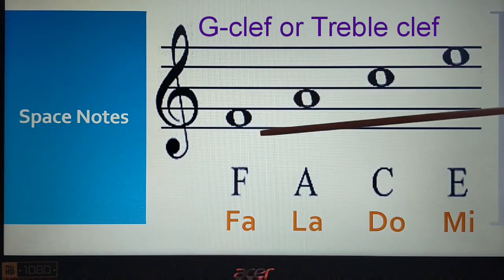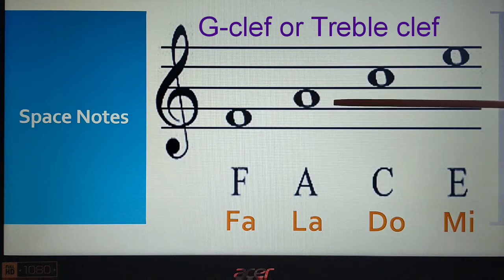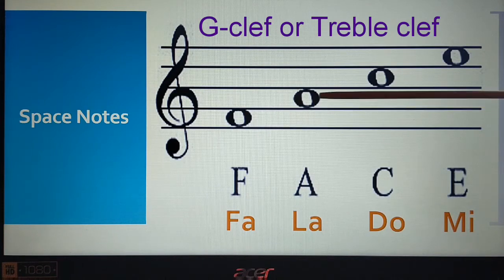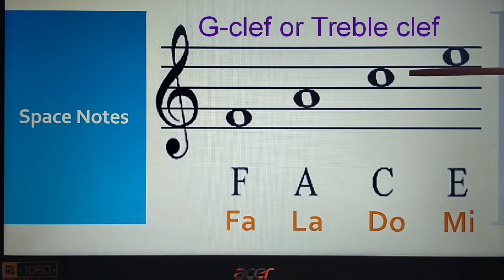The second space is A or La. The third space is C or Do. And the fourth space is E or Mi.